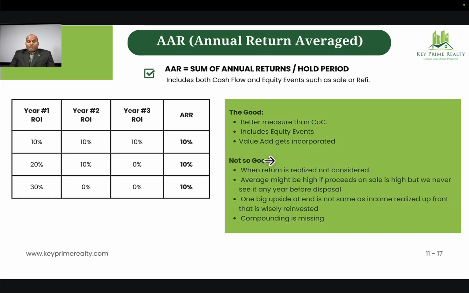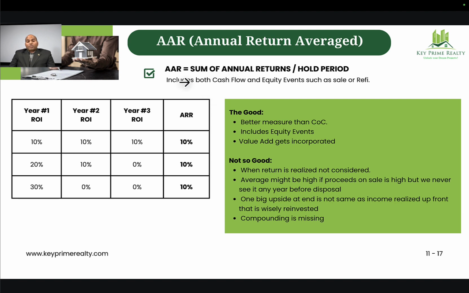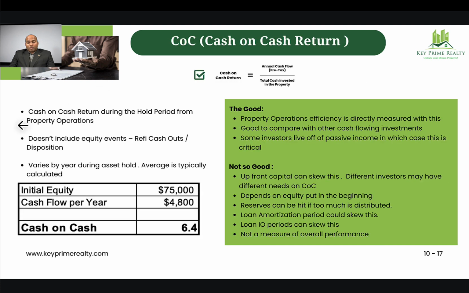And the next one is the average annual return. Yeah, this is a good one. If you go back to the previous one, cash on cash doesn't look at the final event. Say your hold period is 5 years, and after 5 years you've improved the property and the net operating income, and maybe by luck the cap rates have gone down.